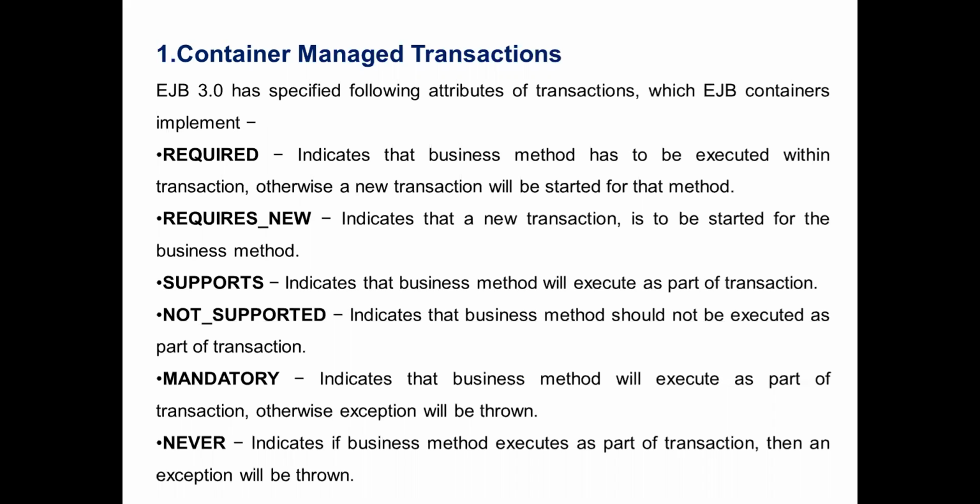Required means necessary. It indicates that the business method has to be executed within a transaction, otherwise a new transaction will be started for that method. That is the required annotation.